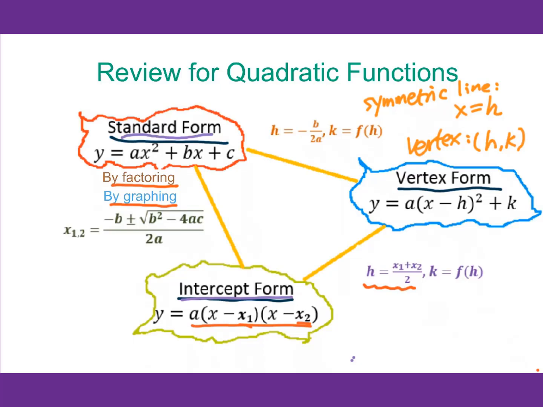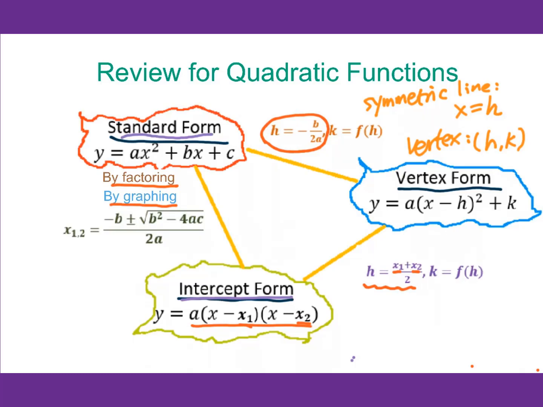In other words, the two roots will be symmetric across x equals h. And from the standard form, h equals negative b over 2a, k equals f of h.